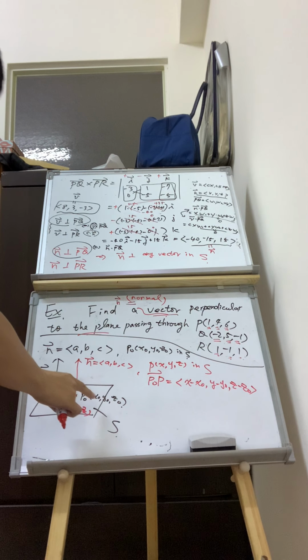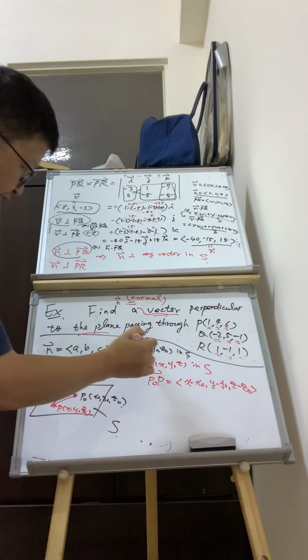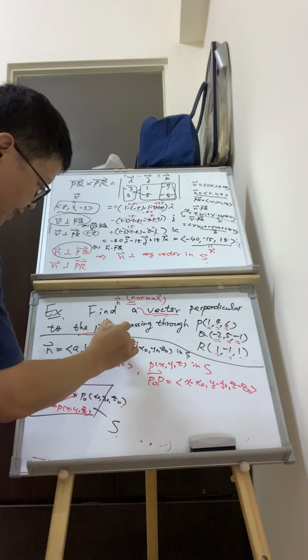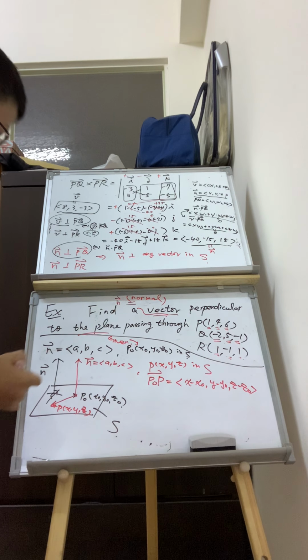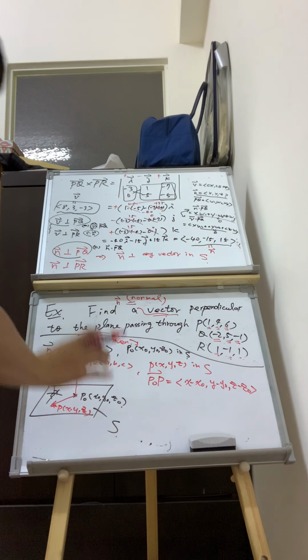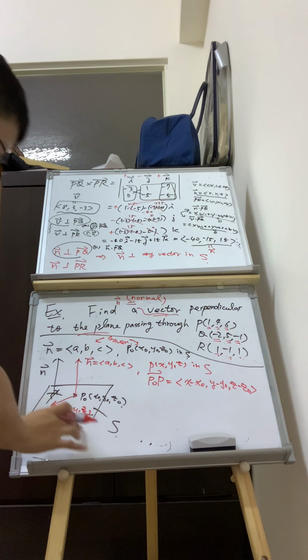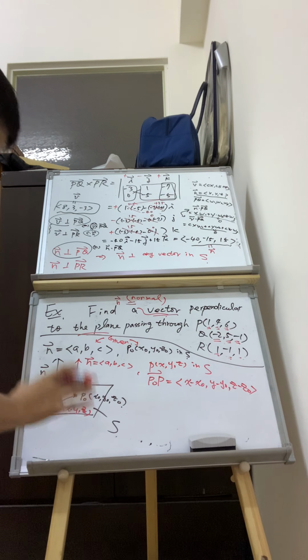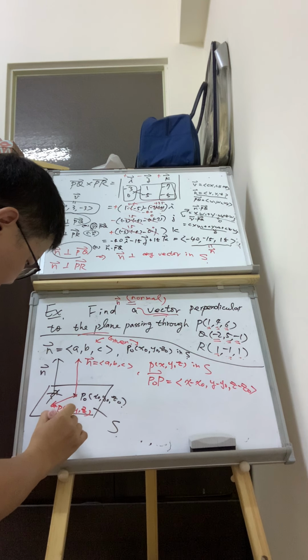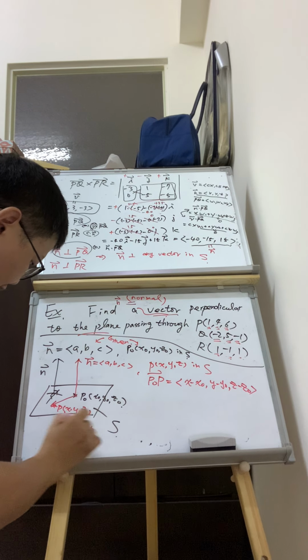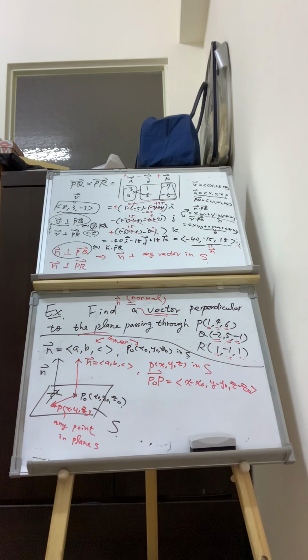I should mention that X0, Y0, Z0 is fixed; it's a given point, and the normal vector is also given. Then we could calculate the plane S. And X, Y, Z is any point in the plane S.